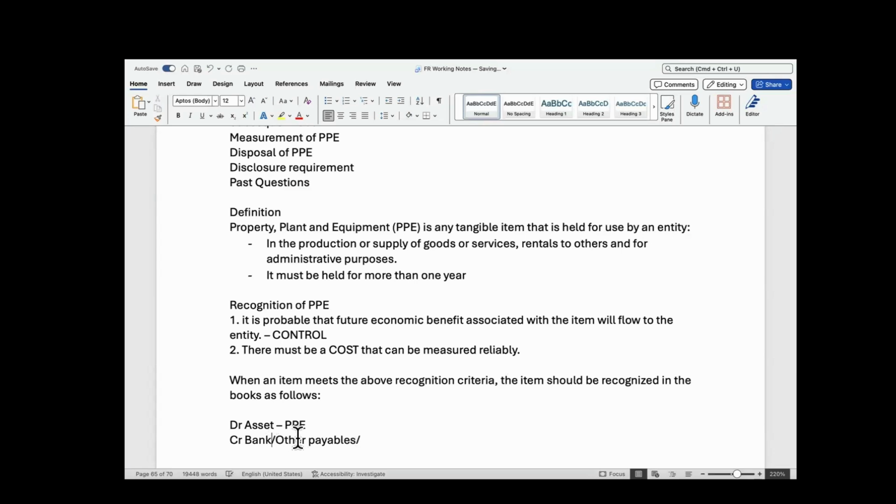But who can tell me if we did not buy the item, if we were gifted, if somebody gave us the asset, what we're going to credit? Can anybody try? If you did not buy the asset, you didn't pay for it in cash, you are not going to pay on credit, but they gifted you, what will you credit? Lekon, I can see your hand.